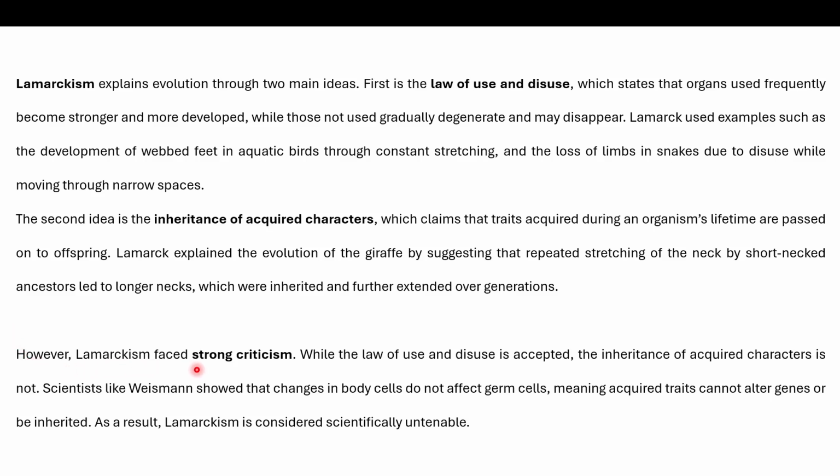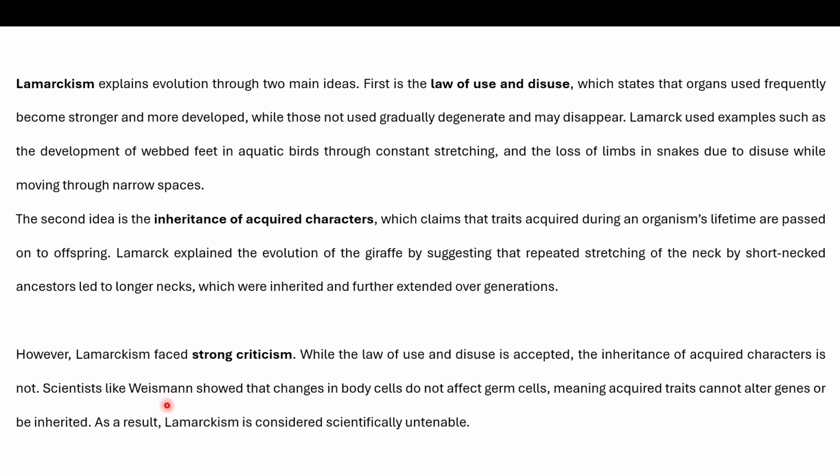However, Lamarckism faced strong criticism. While the law of use and disuse is still accepted, the inheritance of acquired characters is not. Then scientists like Weismann showed that changes in body cells do not really affect the germ cells, meaning that acquired traits cannot alter genes or be inherited. As a result, Lamarckism is considered scientifically untenable.